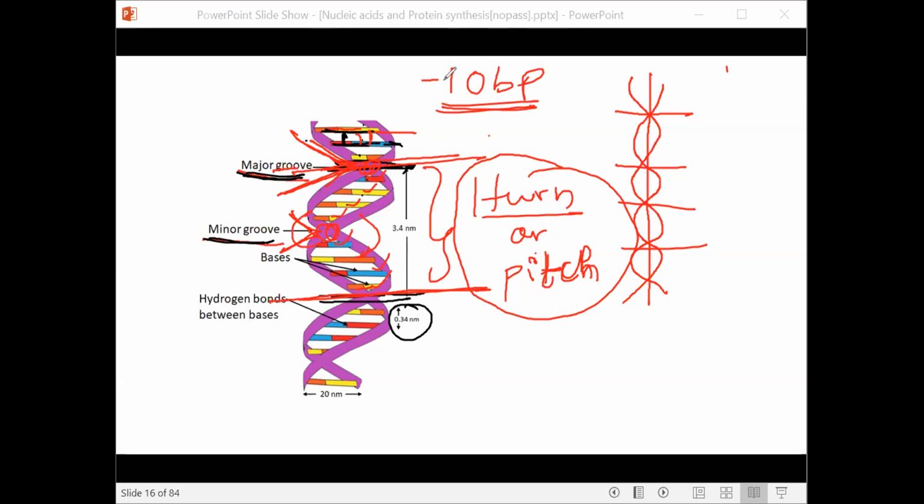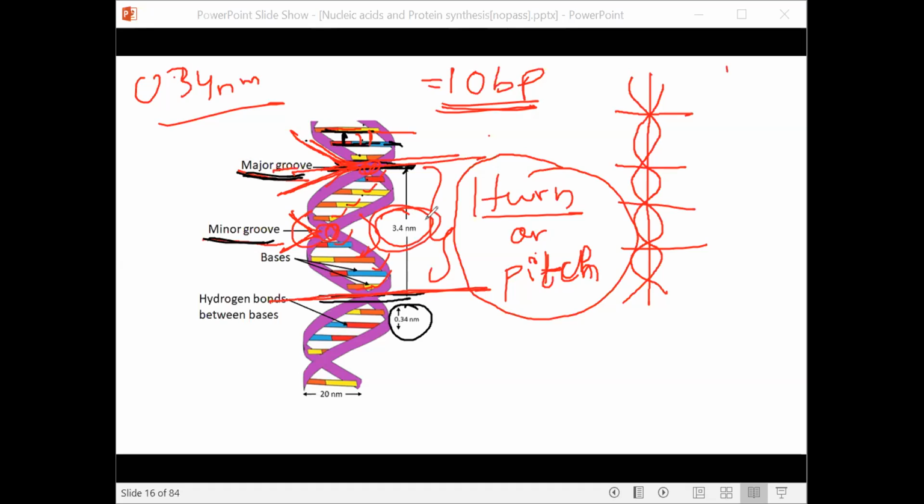And the distance between the two base pairs, as I told you, is 0.34 nanometer. So can you make a guess what will be the length of one turn if each turn has 10 base pairs? Anyway, the answer is given over here.